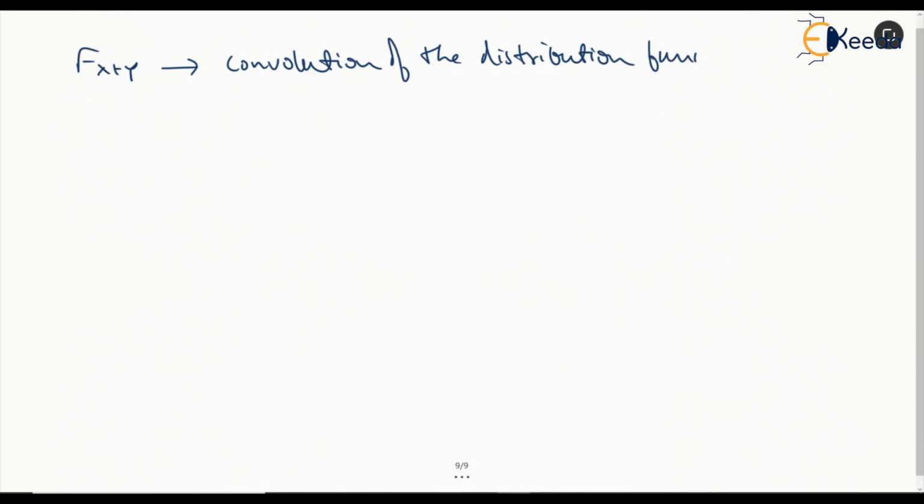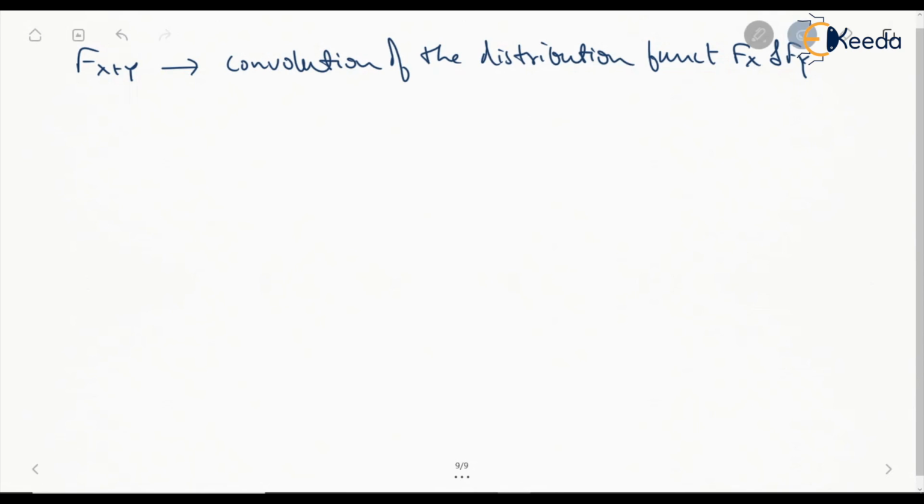this F of x plus y is actually nothing but the convolution of the distribution functions F of x and F of y, right?